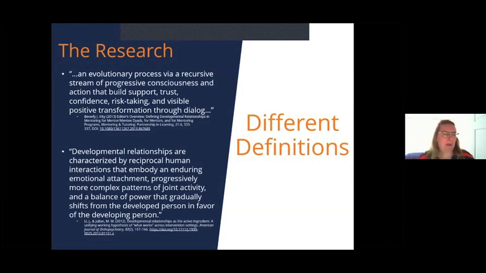And so I think, again, that those really overlap with the Search Institute's framework. Emotional attachment and shifting power have direct comparisons to expressing care and sharing power, respectively.